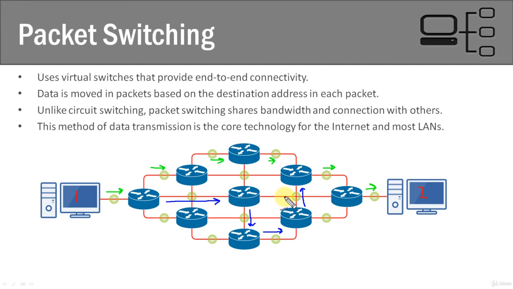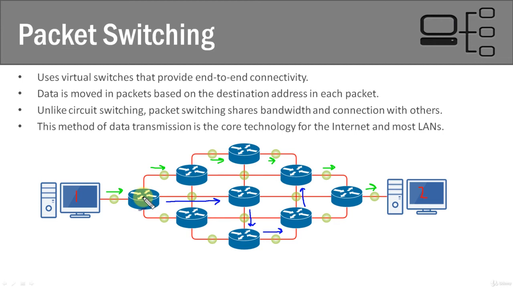And so what this allows us to do, it allows us to have this virtual circuit. So from your perspective and my perspective, this just looks like one virtual link between computer 1 and computer 2. But in the background, with all the technology and all the inner workings of the routers, they're determining the best route to send these individual packets. So if there's 100 different packets, they may go multiple different routes.